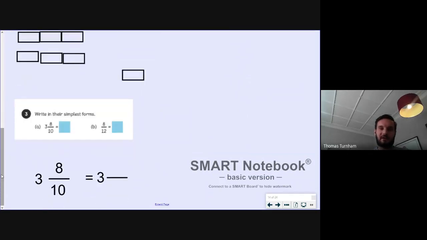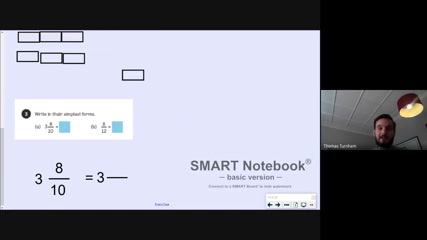And then we've got another type of question here. It's very similar. It's writing 3 8/10 in its simplest form. In this instance, I'm going to leave 3 as it is, and so I'm just looking at 8/10. Can I simplify 8/10? Well, I know that I can halve 8 and I can halve 10.